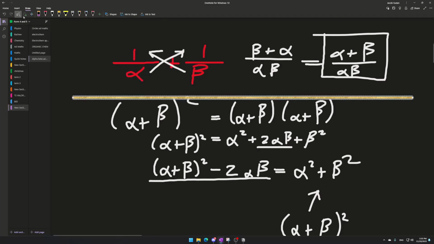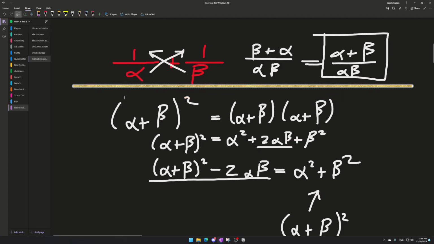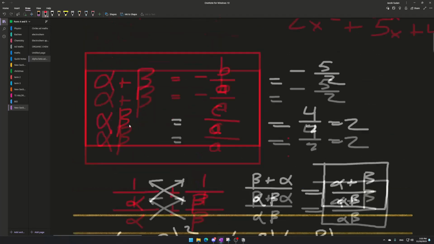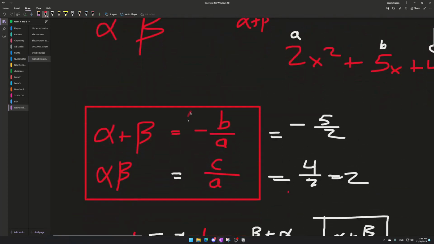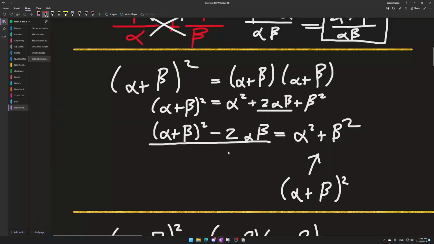Right? Let's say we had alpha plus beta squared. We cannot just say it's minus b over a squared. We have to expand it out. We get alpha plus beta squared is equal to alpha squared plus 2 alpha beta plus beta squared.